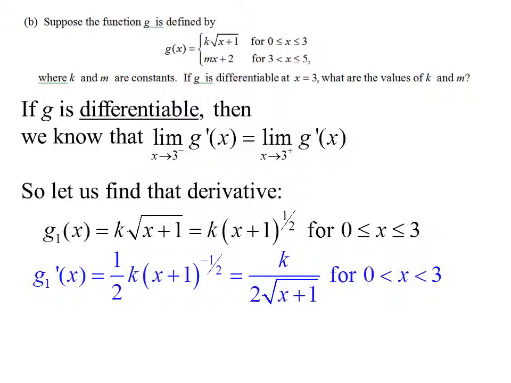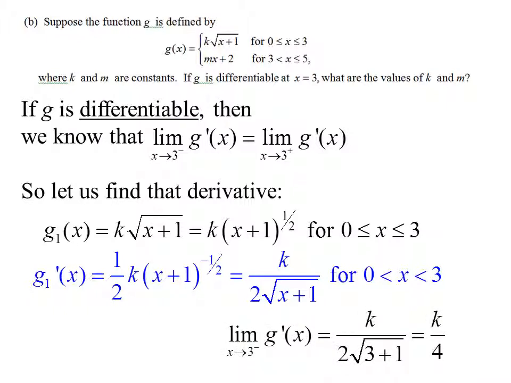Then we can use the power rule for derivatives to find the derivative of the first function rule. We need to compute the derivative of this first function rule so that we can use substitution to evaluate the limit of the derivative of g of x as x approaches 3 from the left. We see that this limit simplifies to k over 4.